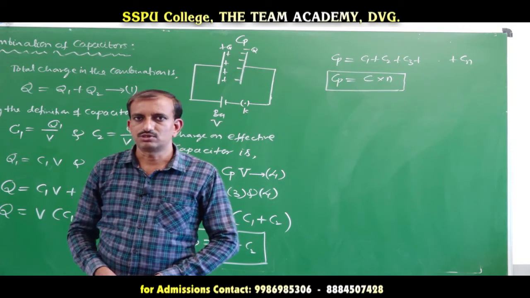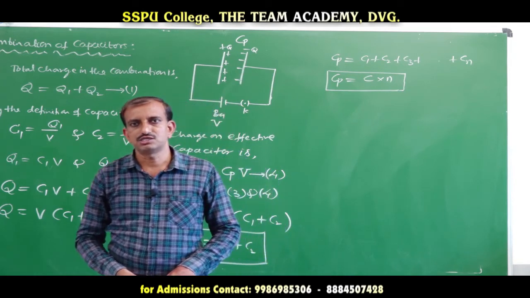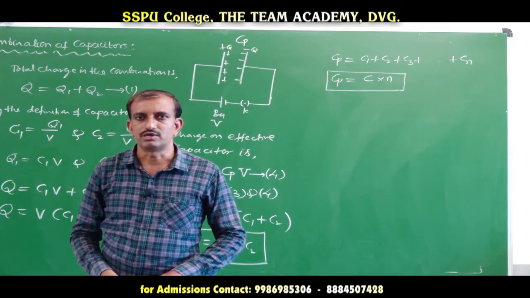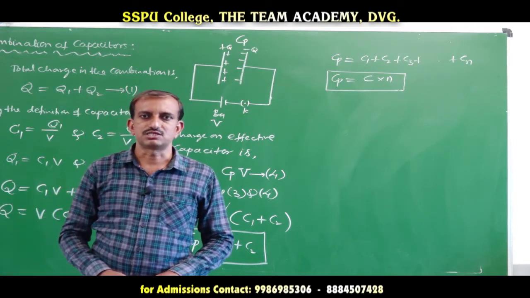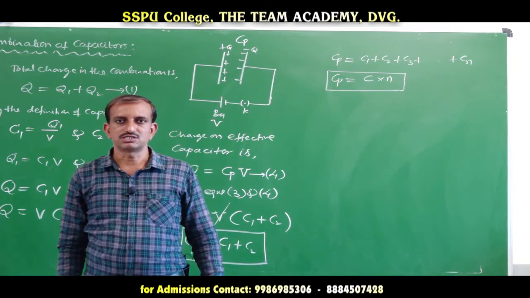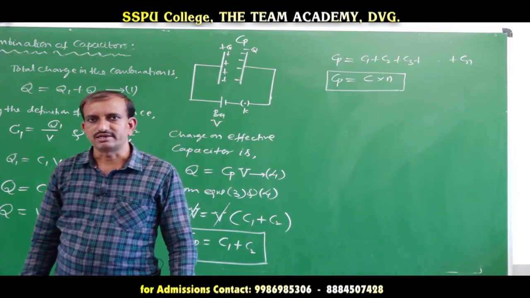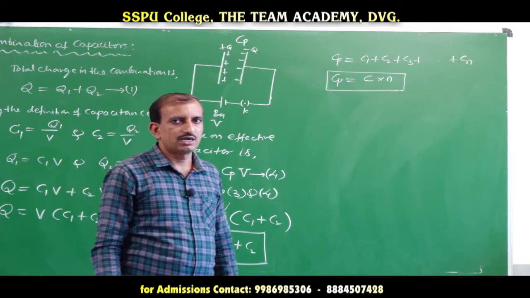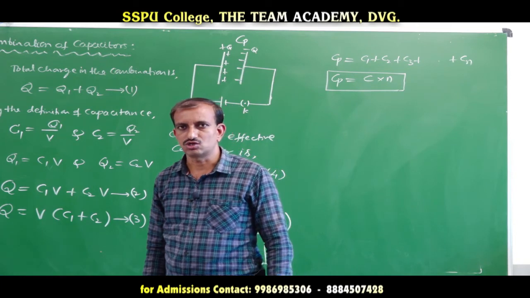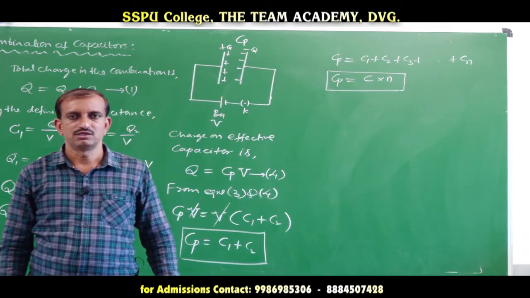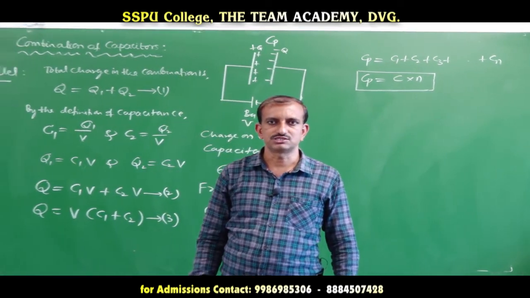So, when the capacitors are connected in series, the charge on each capacitor is the same, but the potential difference across each capacitor is different, and the effective capacitance decreases. In the parallel combination, the potential difference across each capacitor is the same, but the charge on each capacitor is different and the effective capacitance increases.